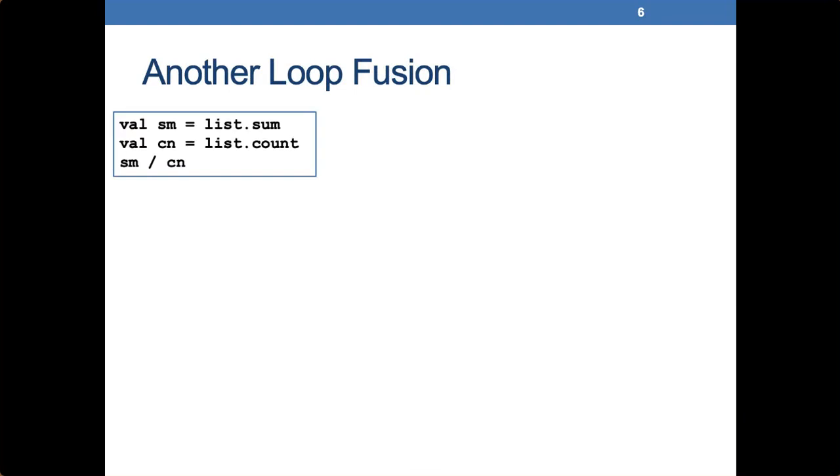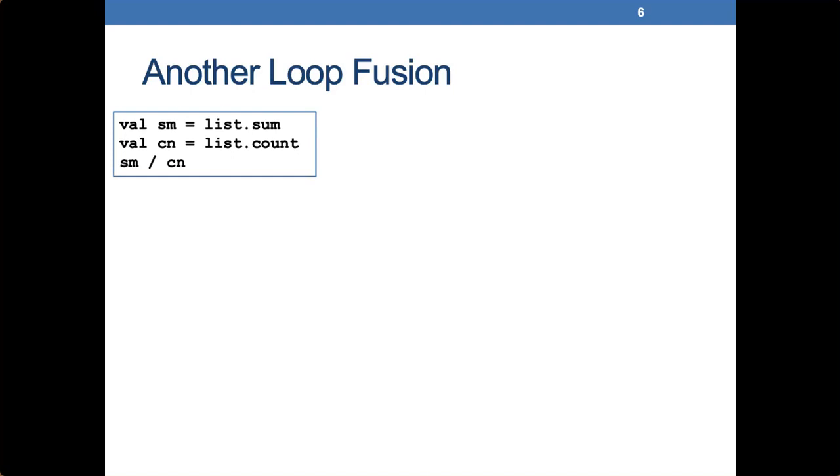Let's consider the case where we are interested in computing the average of numbers stored in a list. So in order to do that, first we are summing over all the elements, and we are counting the number of elements of the list, and then we are dividing the summation by the count.